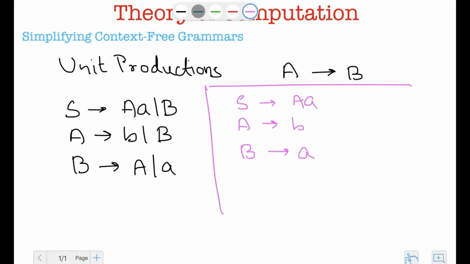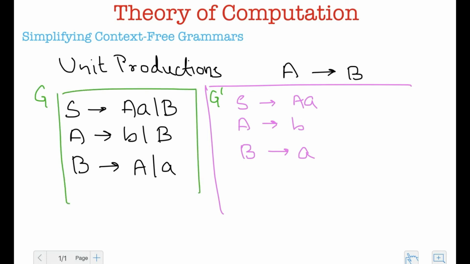This is step 2. For step 3, I go through all of the symbols in my context-free grammar. So I'm going to call this one G prime and this one G. This is my original context-free grammar that I was given, and G prime is the one I just constructed.